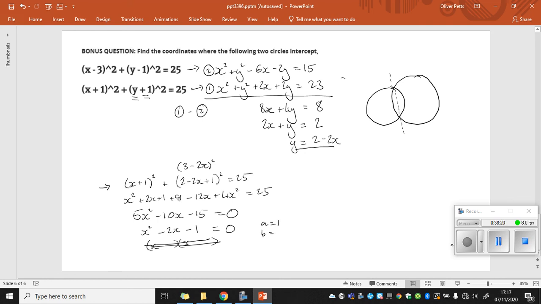We've got a equals 1, b equals minus 2, c equals minus 1. So x is going to equal 2 plus or minus the square root of 2 squared, which is 4, take away 4 lots of ac, so that's going to be plus 4 lots of 1, which is 4, all over 2a, which is 2. So I'm going to have 2 plus or minus root 8 over 2. Root 8 is the same as 2 root 2, so that's going to give us 1 plus or minus root 2. So my two x values are 1 plus root 2 and 1 minus root 2.